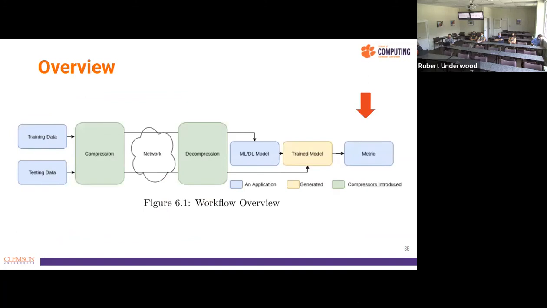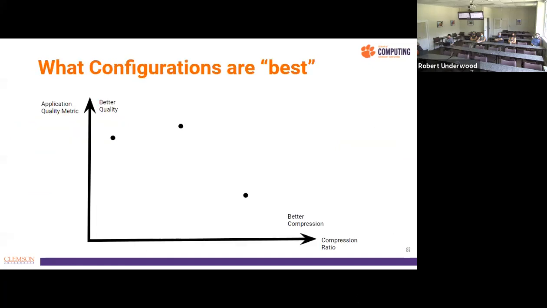Lastly, we'll look at the metric that we're wanting to evaluate, and we're going to have to look a little more broadly than the metric as strictly defined by the application. So the application will have some quality metric, which we present on this cartoon on the left-hand side. On the x-axis, we have some compression ratio. So we see on this figure 3 different runs of this application representing different degrees of quality and different degrees of compression.